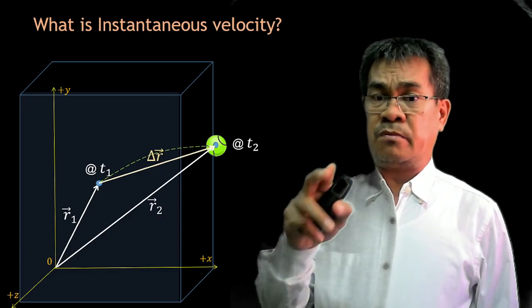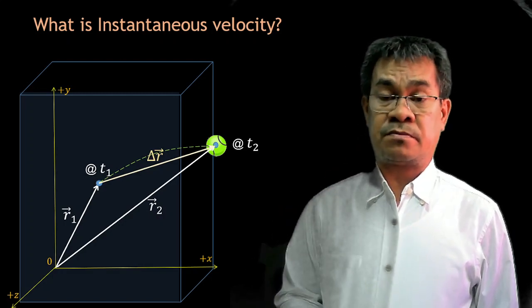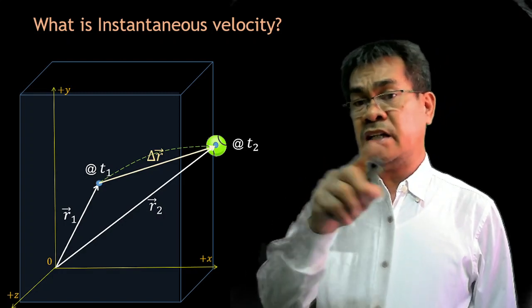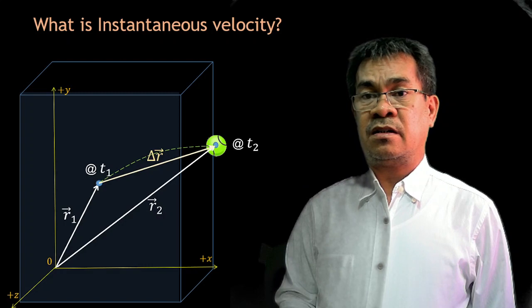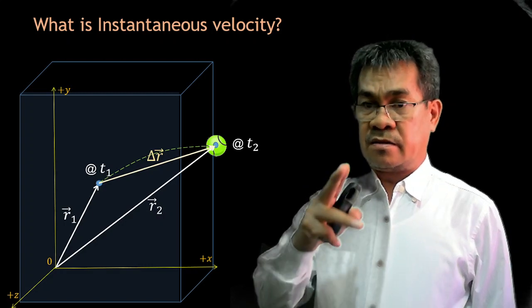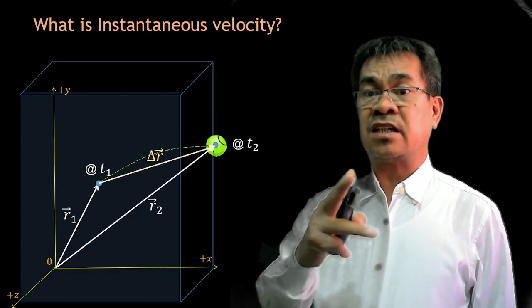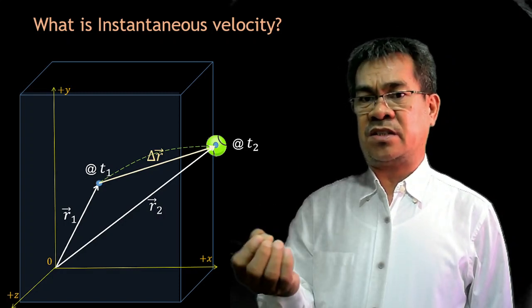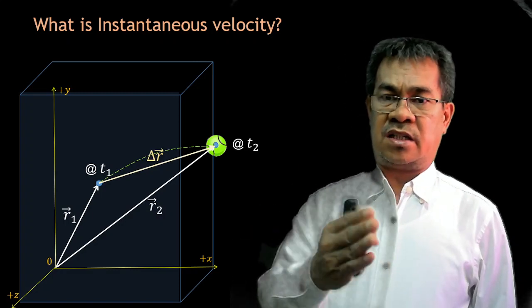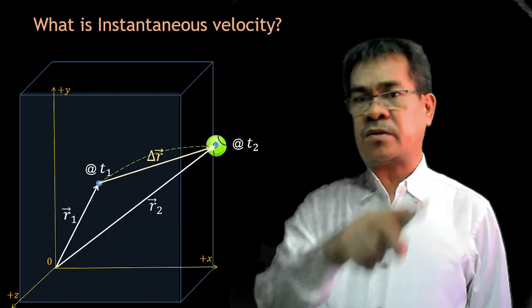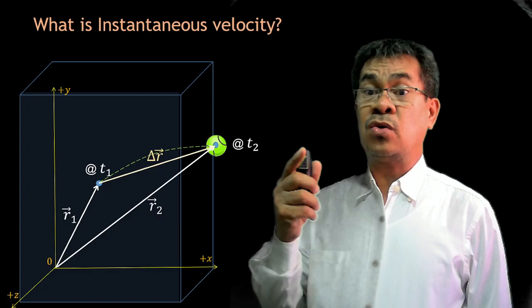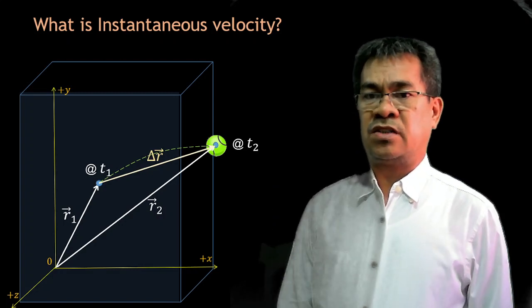There are many positions that can be obtained. At any point of travel, there must be an instantaneous velocity. So at t1 there is an instantaneous velocity, at t2 there is another instantaneous velocity. At any time of travel, there is always an instantaneous velocity. So how do we compute the instantaneous velocity?